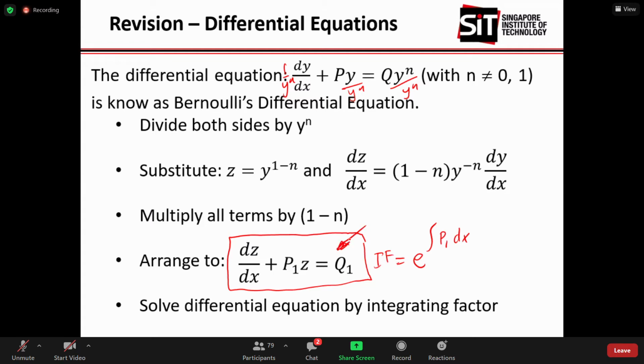Once you have solved the differential equation in terms of z, you need to convert back to y from this substitution that was used previously.